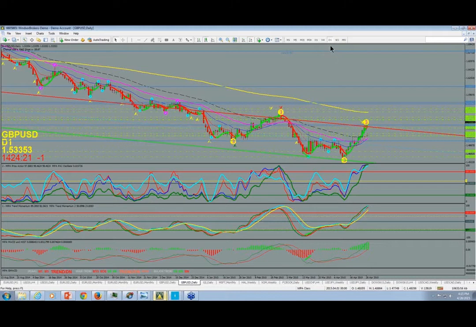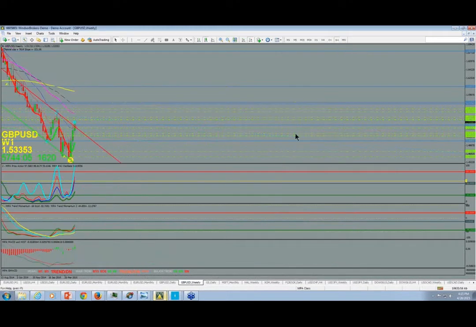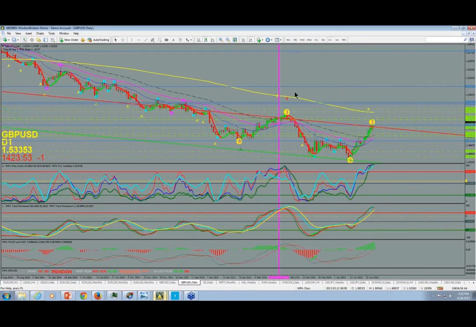Here's that weekly slingshot here, turning over from this point. I'll draw my little line here for you, so you can see what I mean: not only do we visually see the sign on the chart itself, but as you go to the next lower time frame, you get those triggers. Everybody go, wow, that's impressive.